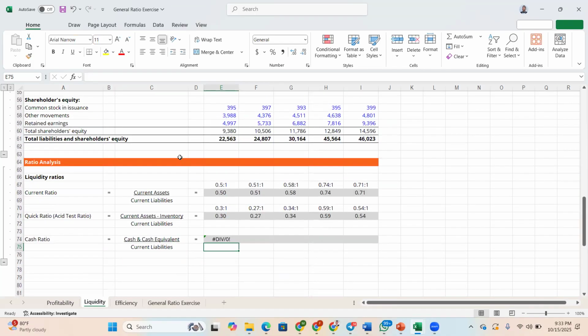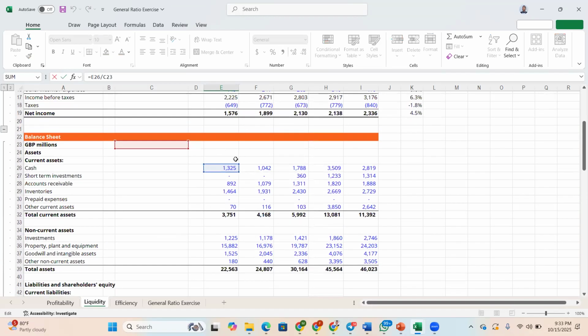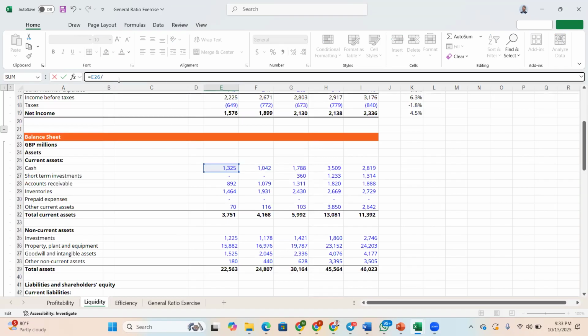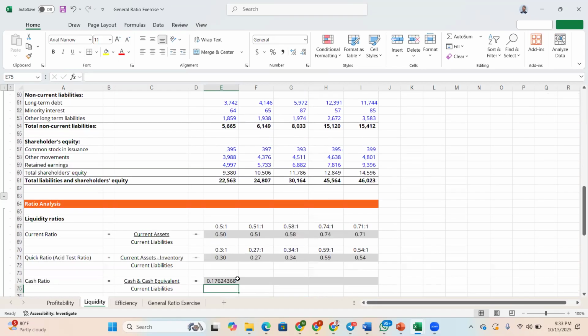So that's that. What's going on? Cash and cash equivalent divided by current liability, right? Oh, what's happening? This is supposed to be here. Current liability is here. Okay, good.